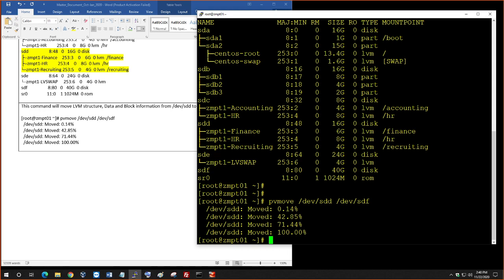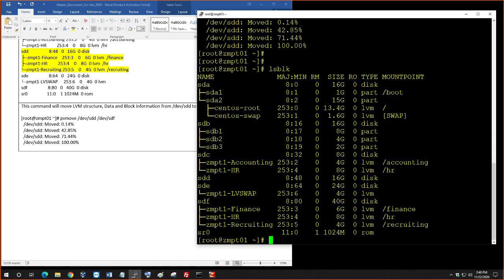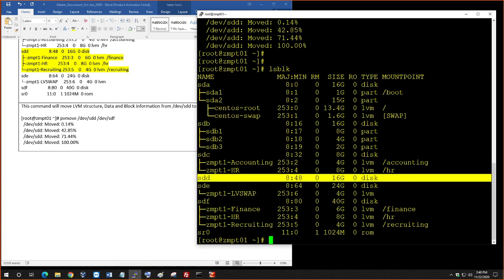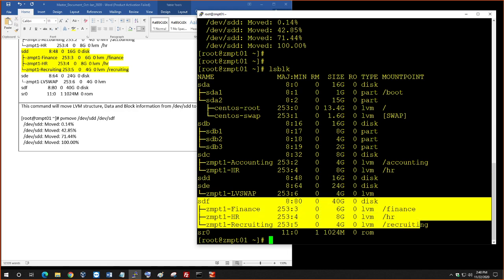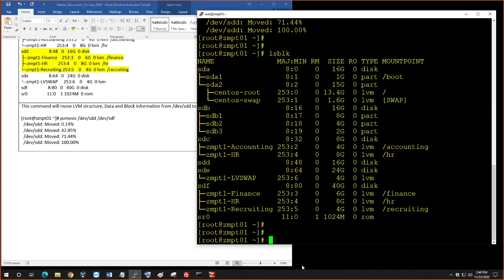Okay, now if you do lsblk, look at this here. SDD is just sitting there, okay? Everything that was on SDD got transferred here, okay? And looking in here, can you tell me what else got transferred in here? Anybody?